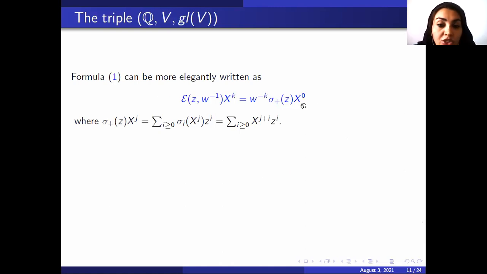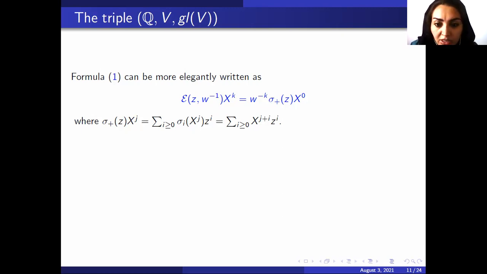For the time being, it's just a notation, but for us allowing the details is a very important tool called the Schubert derivation, which is a summation of sigma zi's, which acts on a basis element xj just as the shift operator. Sigma xj is just xj plus i. But for the time being, it's just a notation.